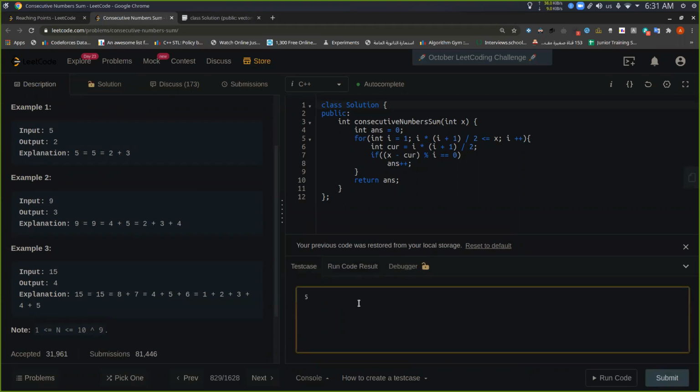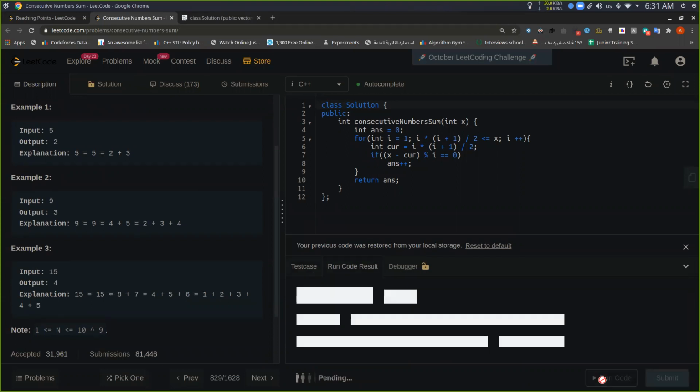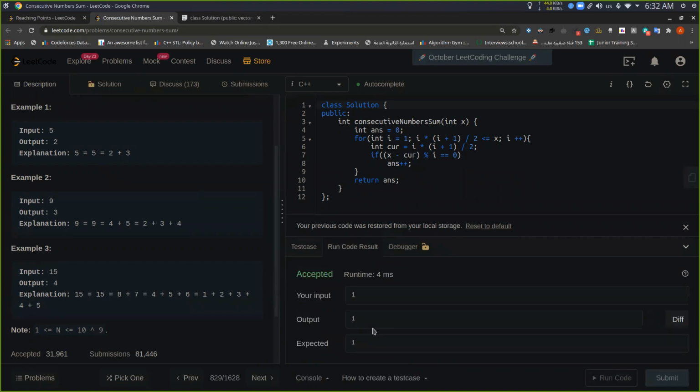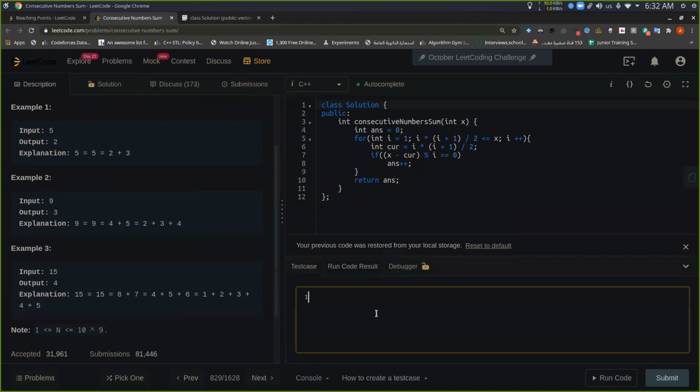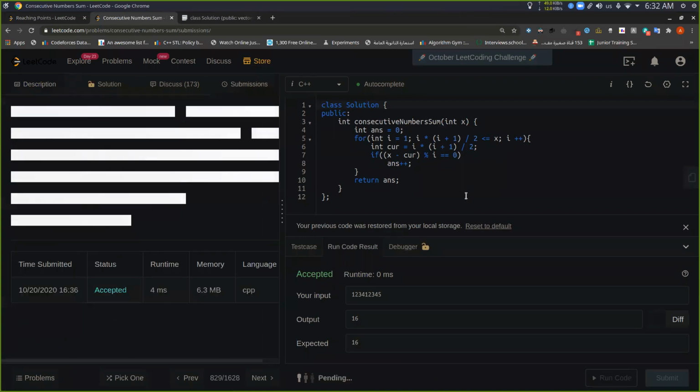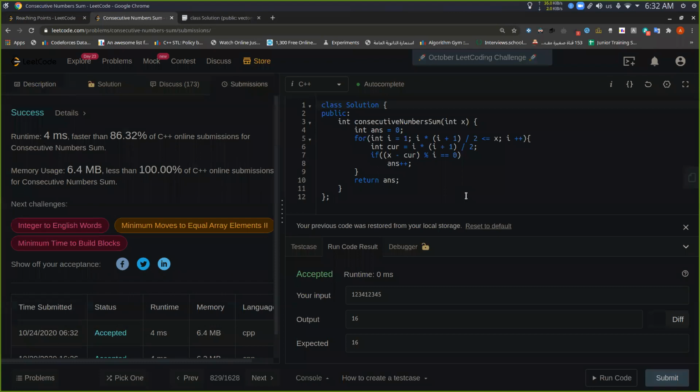Let's try 9. It's 3. Let's try 1. 1 should be 1. Okay, accepted.